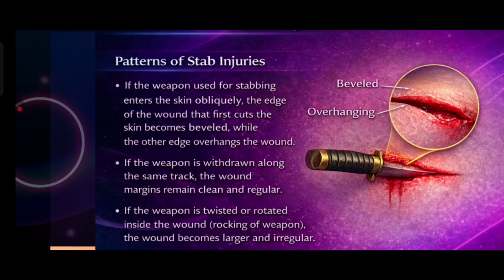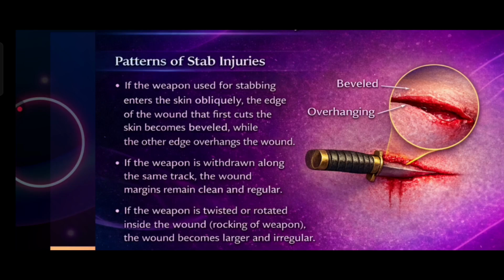Patterns of stab injuries. If a weapon used for stabbing enters the skin obliquely, the edge of the wound that first cuts the skin becomes beveled, while the other edge overhangs the wound.